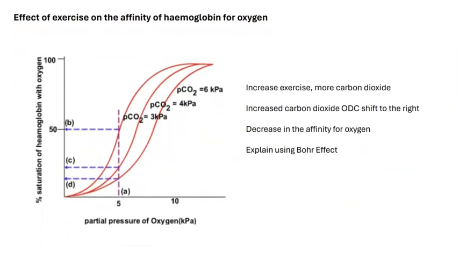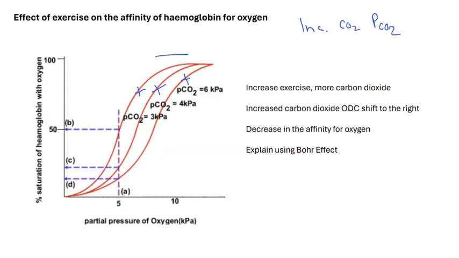Here we have the presentation of the oxygen dissociation curve under the influence of increasing concentrations, or if you prefer, partial pressures of carbon dioxide. Notice that this curve here is 3 kilopascals, 4 kilopascals, and 6 kilopascals of carbon dioxide.